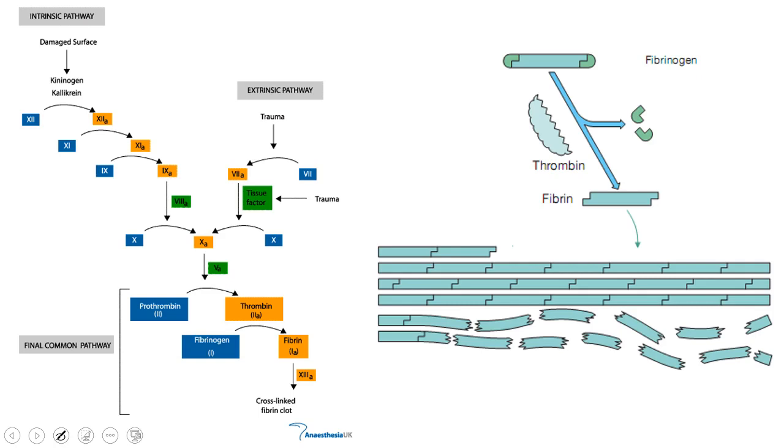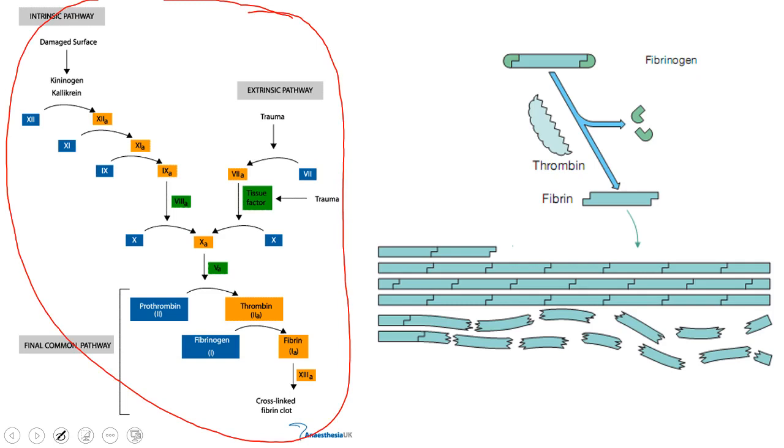If you recollect the coagulation cascade, which we have seen earlier in the presentation related to anticoagulants, fibrin formation from its precursor fibrinogen is the final step.